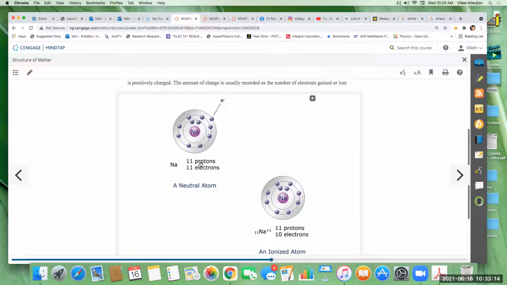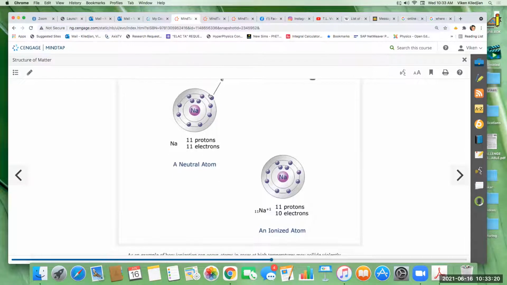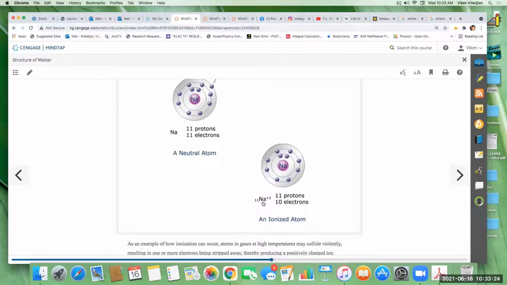So the sodium has 11 protons and 11 electrons, you see, then that's neutral. Okay, now here what happened is, this is known as sodium +1. What happened? The last electron was yanked out. This is how you make molecules like sodium chloride, which is regular table salt.